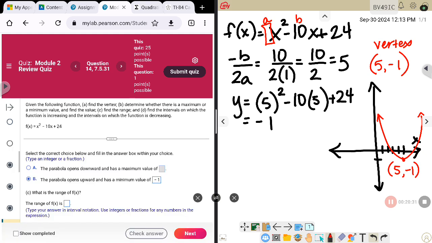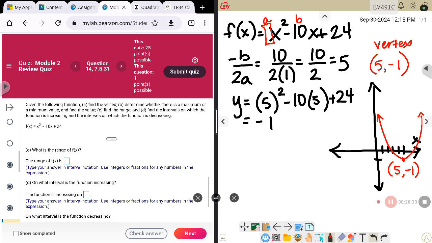Now, the next thing it's going to ask me is, what is the range? So the range is the y values of the function. What this picture tells me, and what the fact that -1 is the minimum value, is that my y's start at -1 and then go up from there. So from -1 to infinity. Now, when we're doing interval notation, infinities always have parentheses.